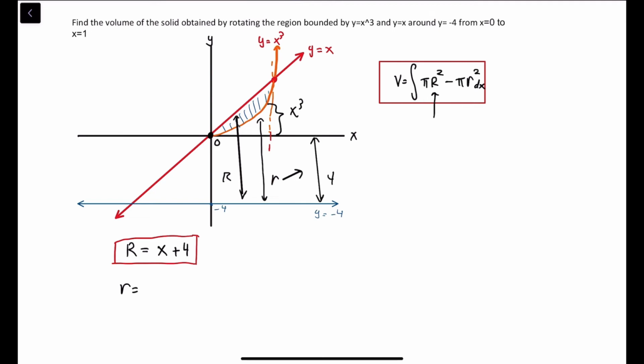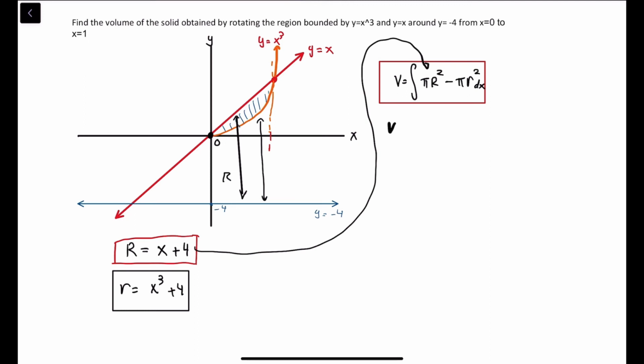So combine these together, you get x cubed plus 4. And again, this is the distance from here to the line of rotation. So now once you have figured out what the r values are, now the problem just becomes very trivial. All you need to do is substitute your r values into our original equation.